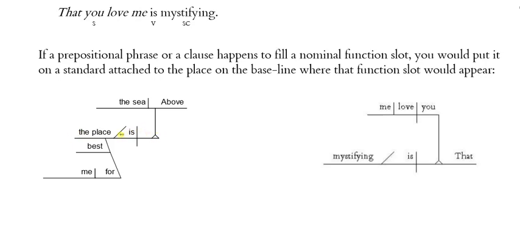This is a subject, verb, subject complement type of baseline and sentence type. And what is filling the subject then is complicated. So I'm going to put it on a standard, which is 2 little feet with a line extending so that I can move it up above that slot and then give it its own more complex structure. Preposition here and the object of the preposition here.